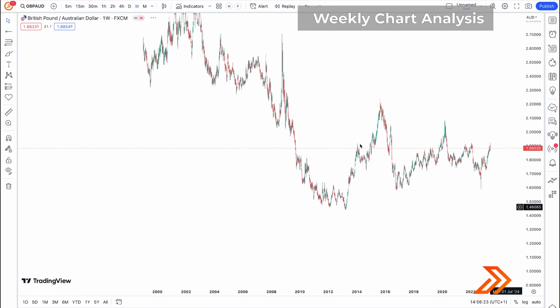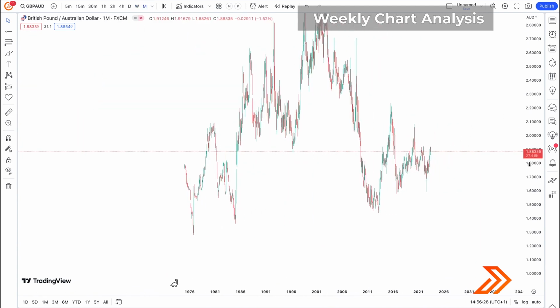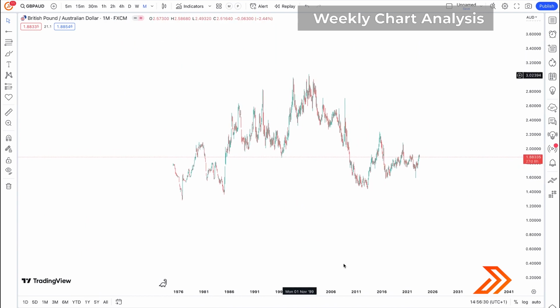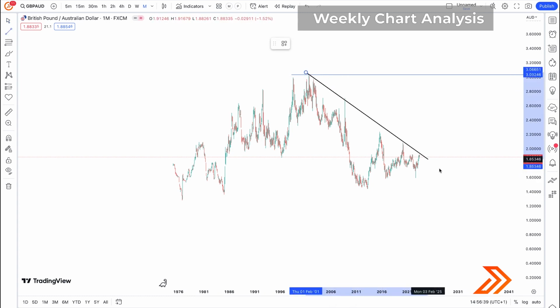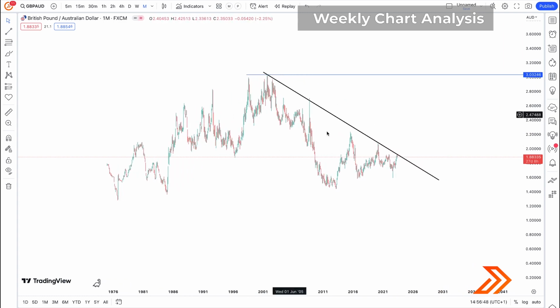Let's go down to the monthly time frame. On the monthly time frame, you would notice that this is the all-time high right here, and price has majorly been in a bearish direction on the GBP AUD pair. If you notice, we're having some sort of head and shoulders pattern on the monthly time frame.